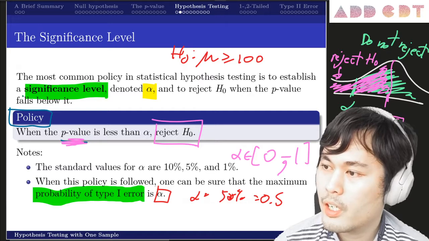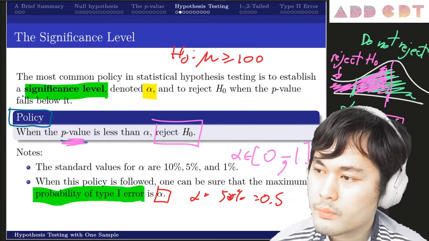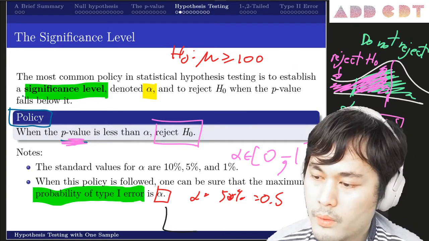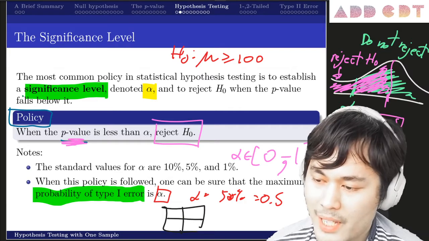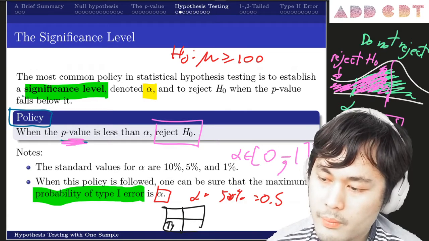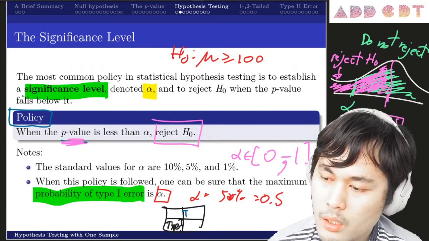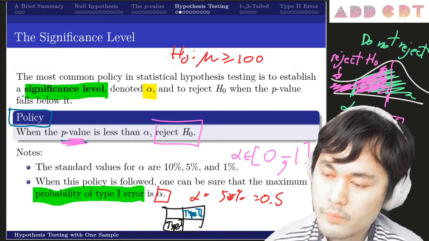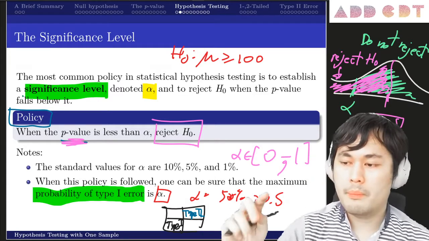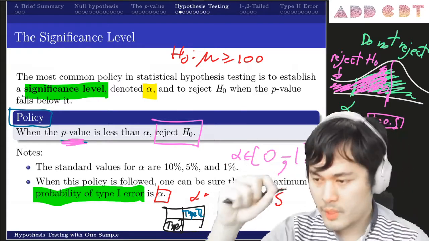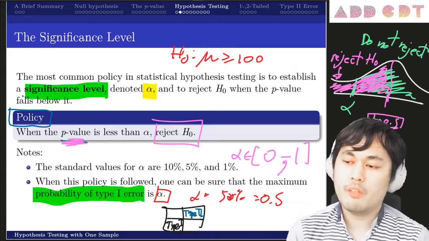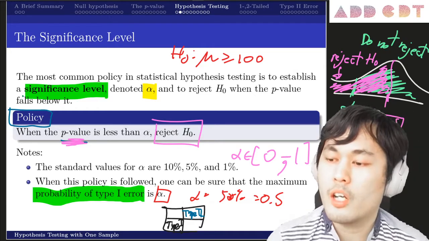Or if you recall the table we had last week, we have type 1 here and type 2 error there. We said we cannot make these two errors be 0, or even make one of these 0 or too small.